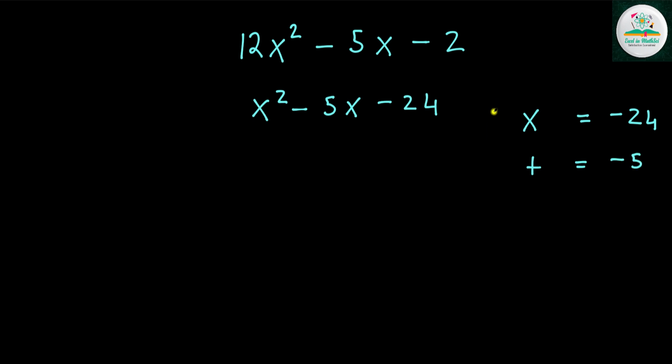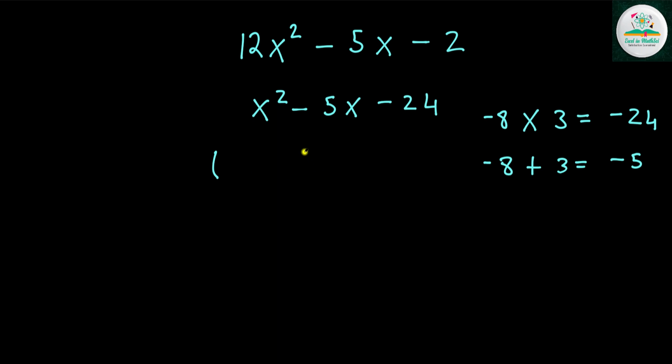The two factors we're looking for are 8 and 3. In order to get the minus 5, I would need to place a minus in front of the 8, and minus 8 plus 3 gives me minus 5, and minus 8 times 3 gives me minus 24.